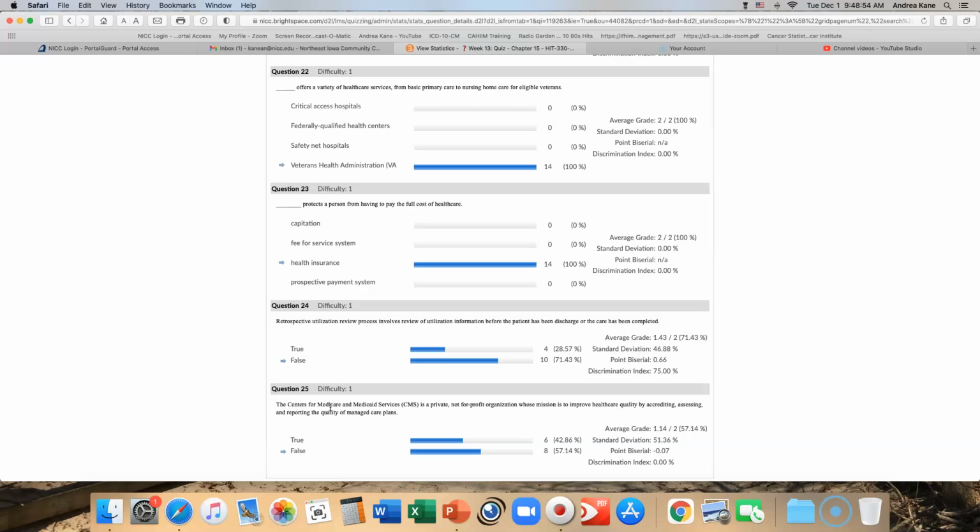NCQA is the correct answer, and that is on page 481. That is who is the private not-for-profit organization. So that is that one.